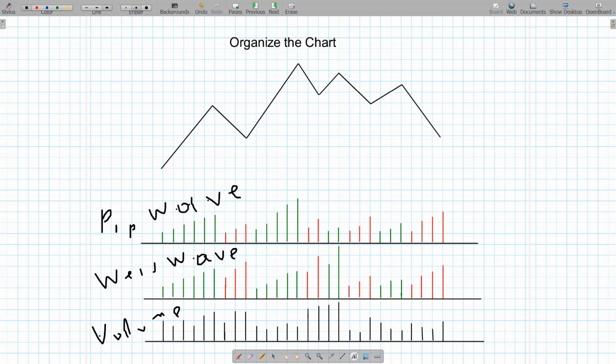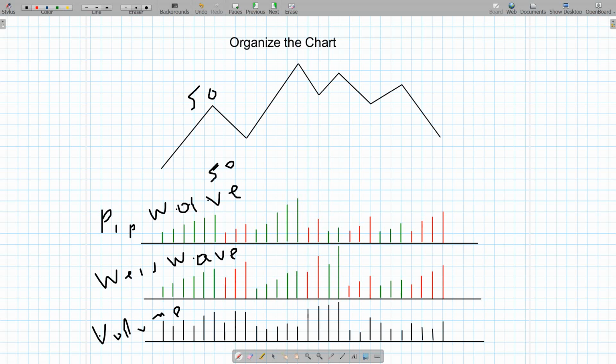That up to here, let's say that it was 50 pips, and also this is 50 pips.